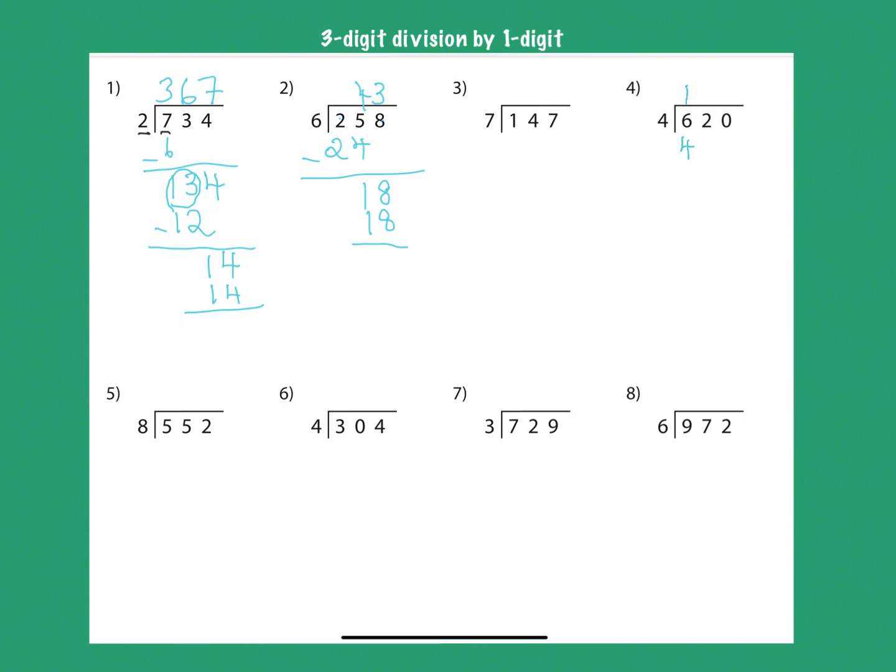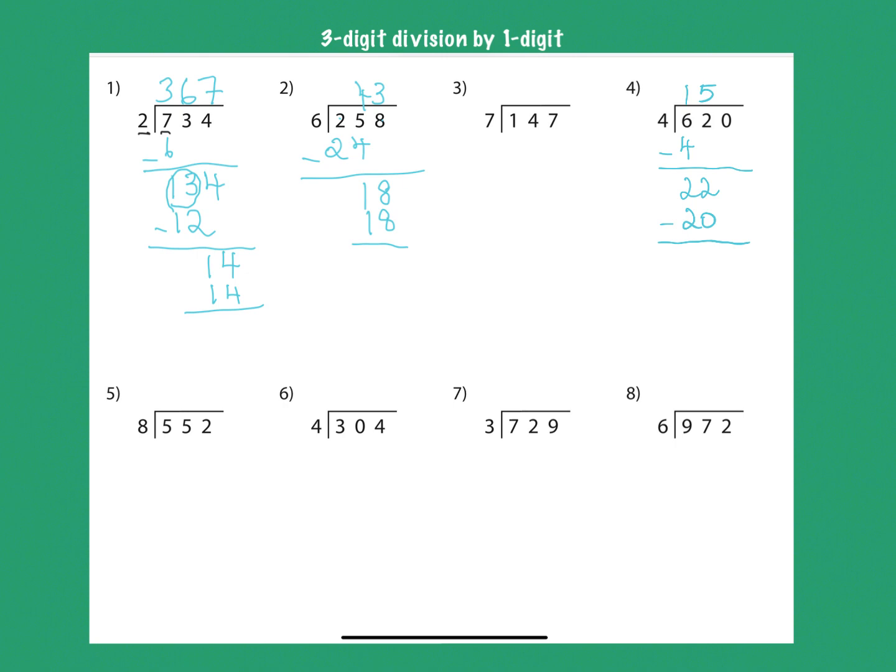But 4 times 2 is too big, so I am not going to look into that. 6 minus 4 is a 2. 2 minus 0 is 2. So let's look at these 2 digits. How many 4's fit inside a 22? 4 times 4 is 16. 4 times 5, 20. 20 seems to fit. 4 times 6, 24. Uh-oh, too big.